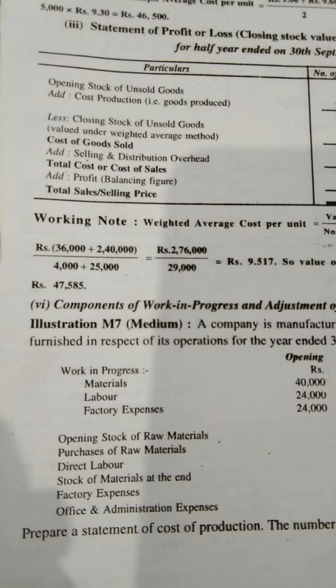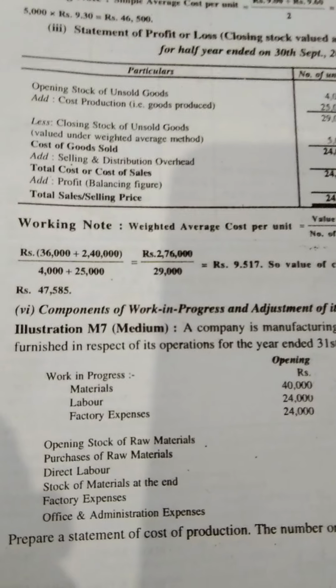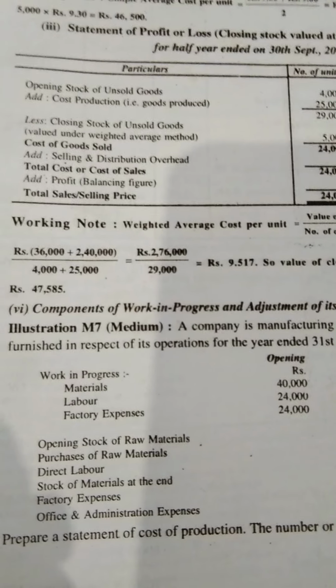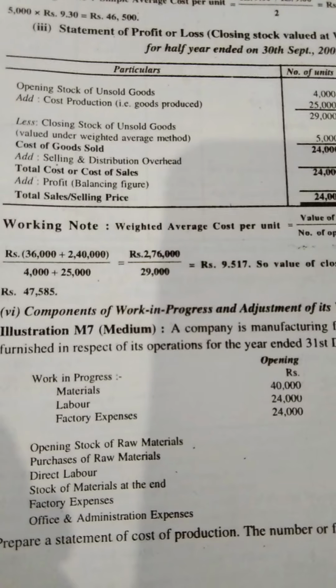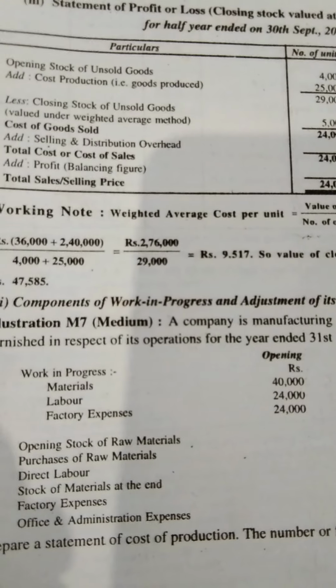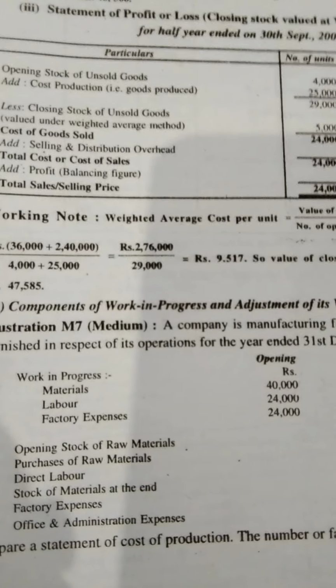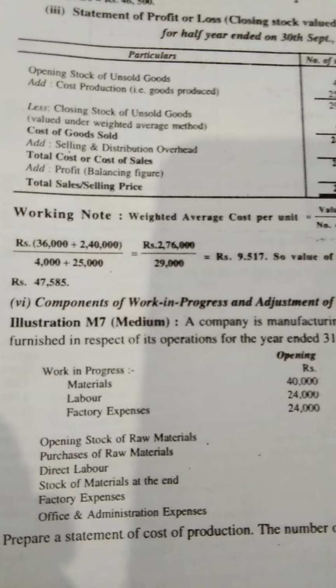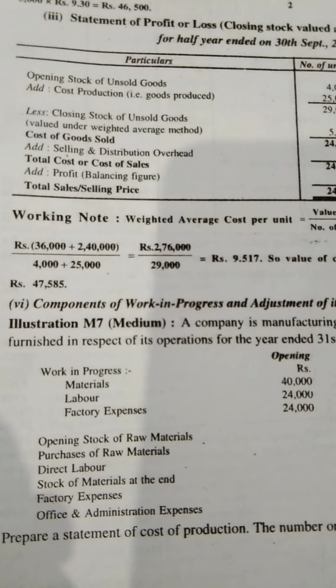Now it is very easy. You have already calculated 36,000, that means price into quantity, plus P2Q2, that is 2,40,000, that means the cost of production, and it should be divided by Q1 plus Q2, 4,000 plus 25,000.